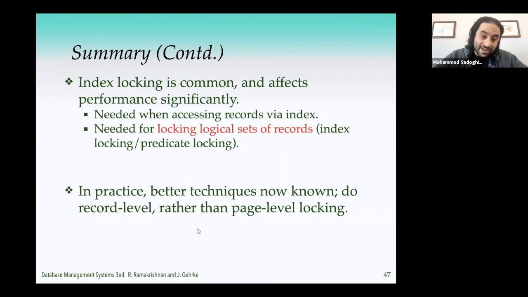And not only that, in order for you to lock the entire buffer pool, you actually need to wait for all ongoing transactions to first finish, because if others are already using it, you cannot just override their logs.